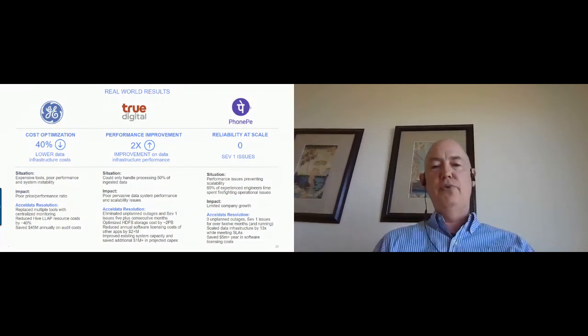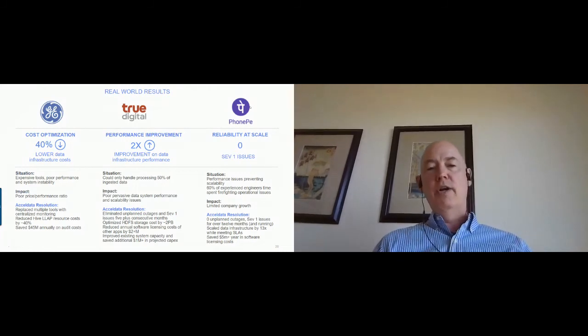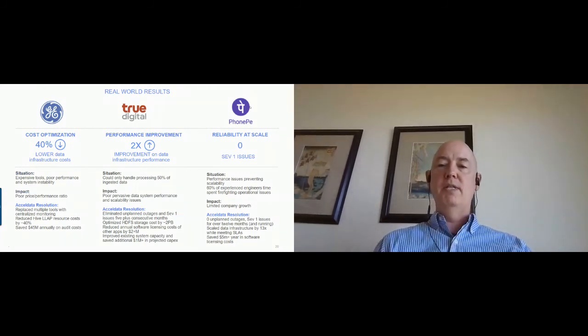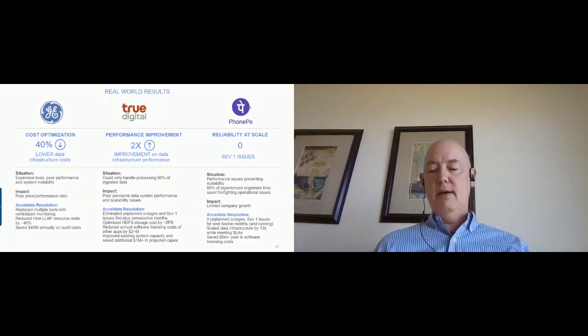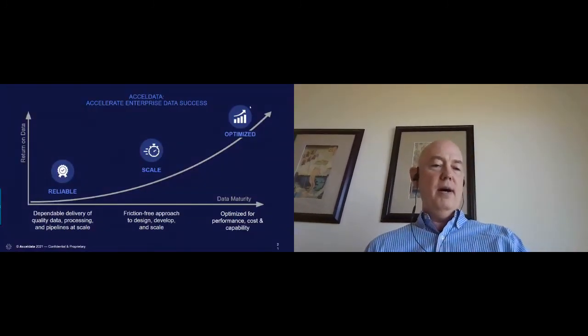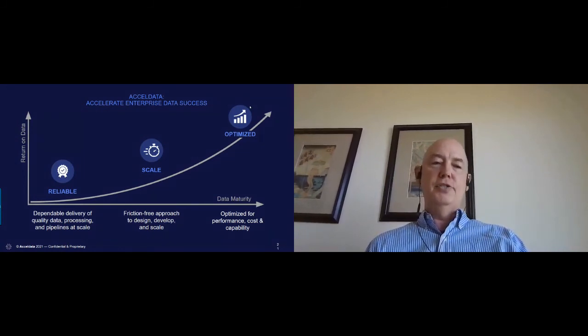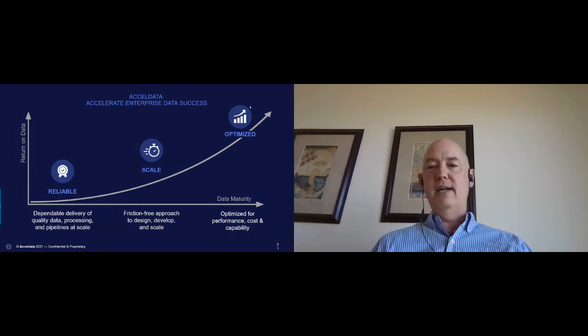So these are just a few examples of how data observability is lowering cost, improving performance, and reliability at scale. So just to recap, data observability approach allows organizations to get a better return on their data investments.